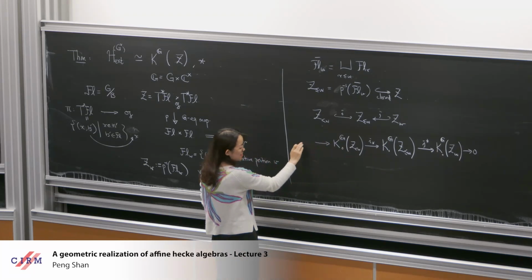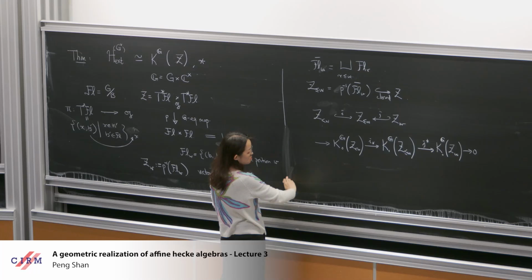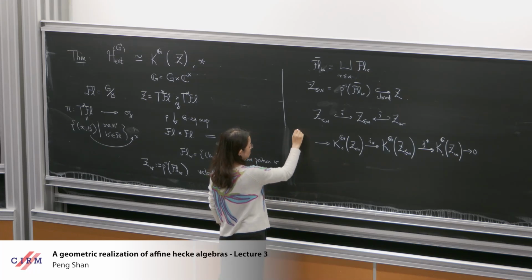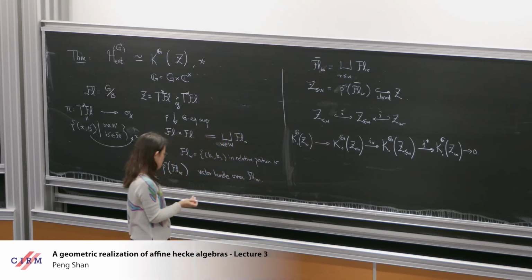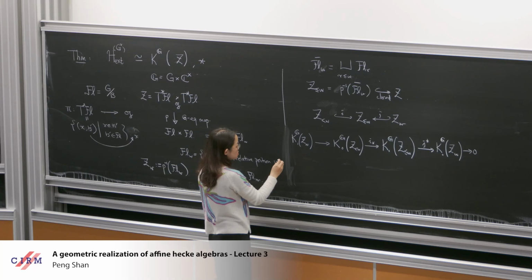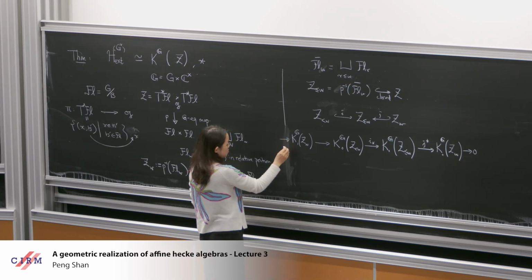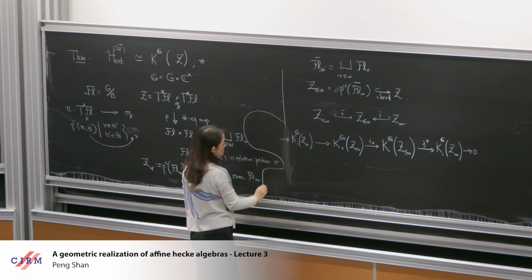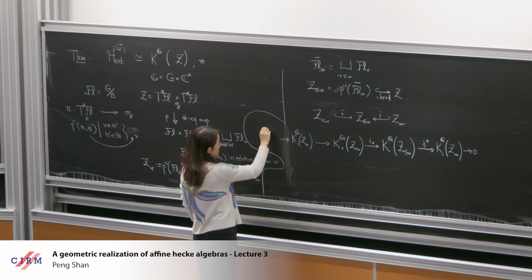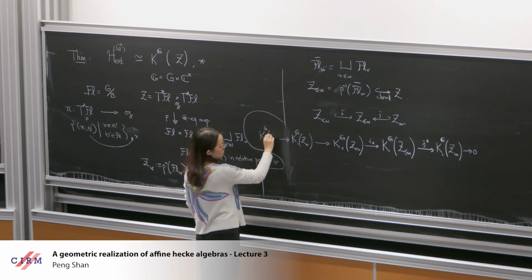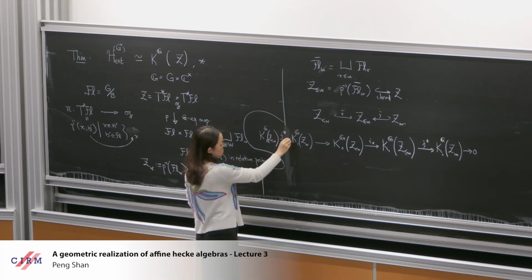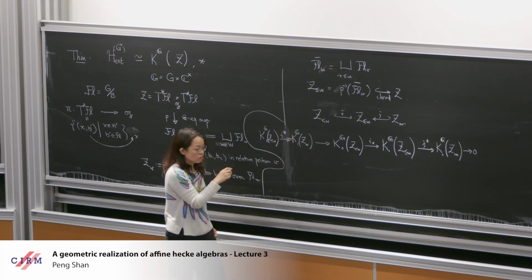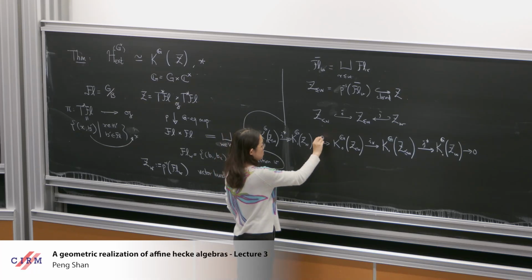So here the long exact sequence looks like this. You have some higher K group of Z_w, which is not trivial, even though Z_w has a paving by affine spaces, but this property allows you to say that the restriction map from Z is always surjective, and therefore this map is 0.